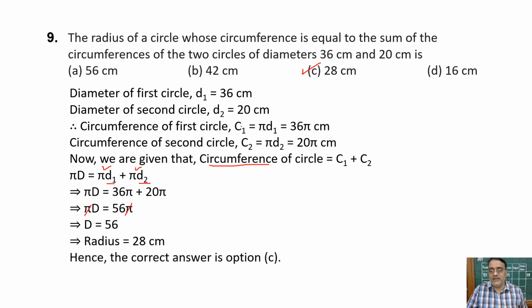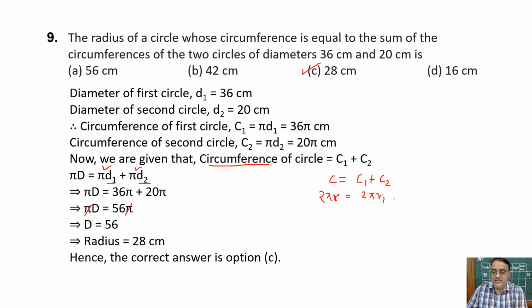If you are not comfortable with d1, d2, you can take r1, r2 also. r1 will be 18, r2 will be 10, and you can substitute. You can directly do c is equal to c1 plus c2 without writing the values of r1, r2, and this will be equal to 2 pi r. 2 pi r is equal to 2 pi r1 plus 2 pi r2. Whatever I am telling you, this is the easiest one.